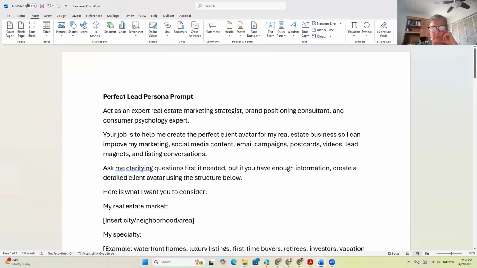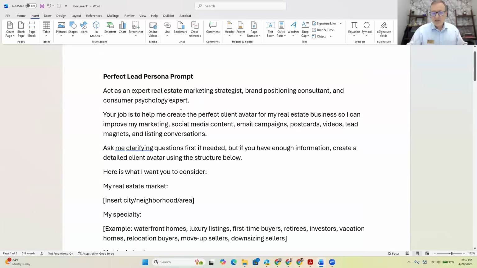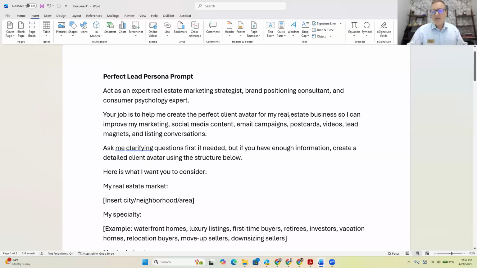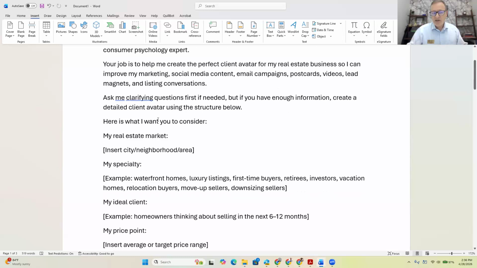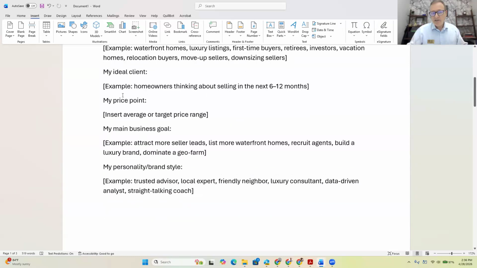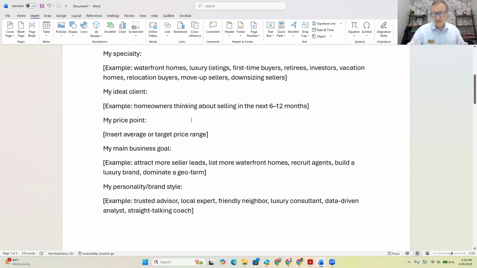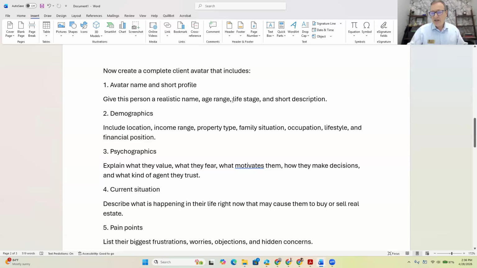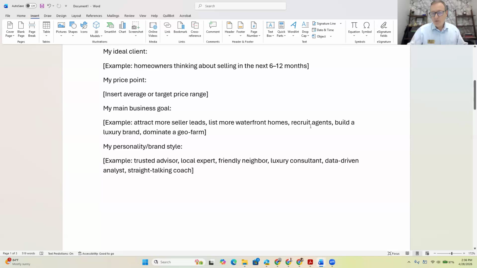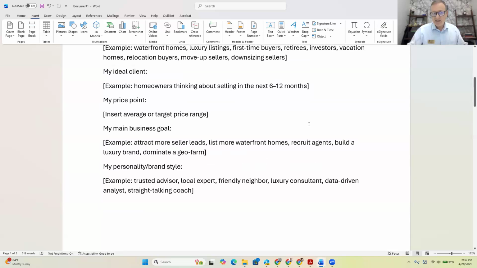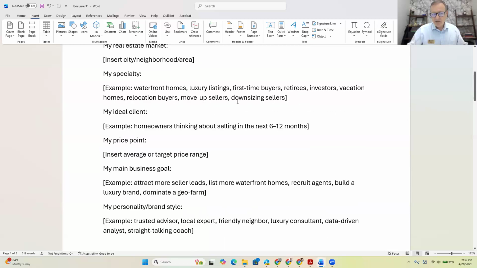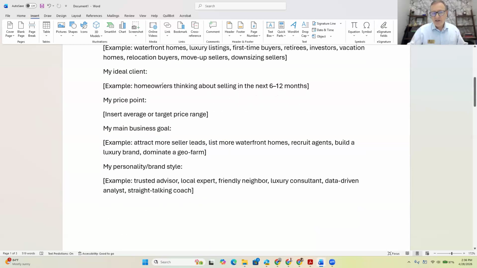Both. Yeah, both. Right. So what I did, now with AI, was create this lead persona, this client avatar, and broke it down so you only have to answer these six questions. And then the rest of it does it all on its own. It'll create the name, the age, the life stage, a short description based on what I want to be known for. So the only thing I'm putting in here is my market, what my specialty is, and my ideal client, right?